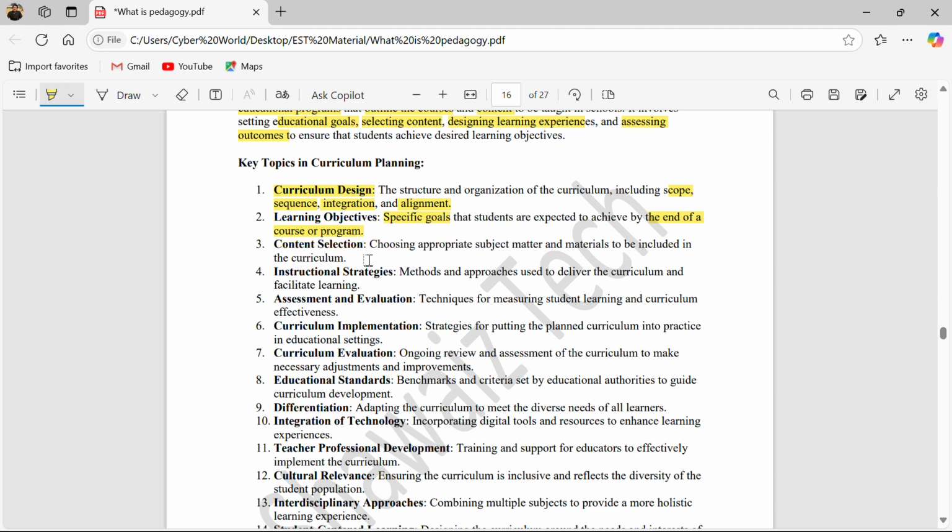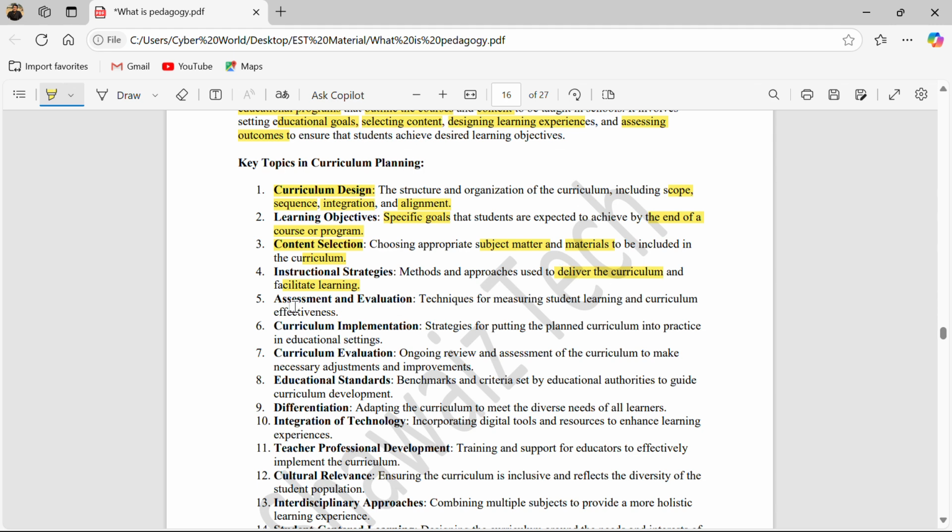Next is content selection, choosing appropriate subject matter and materials to be included in the curriculum. Next is instructional strategies, the methods and approaches used to deliver the curriculum and facilitate learning, how you can deliver the curriculum which you already designed.